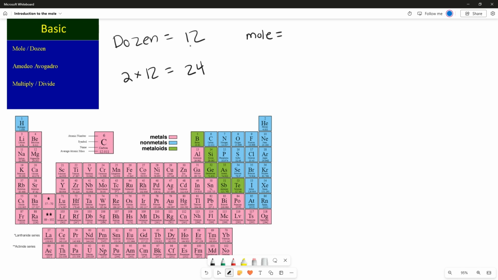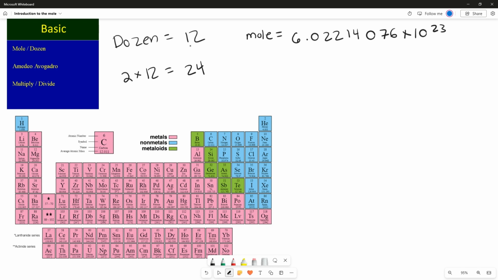And the number that mole represents is a huge number. It's not something small like 12. The number mole represents 6.022140076 times 10 to the 23rd.